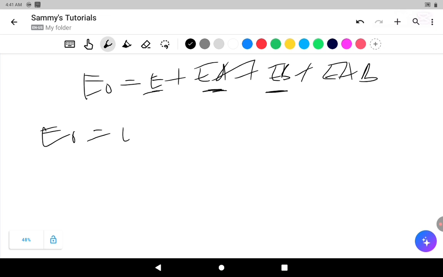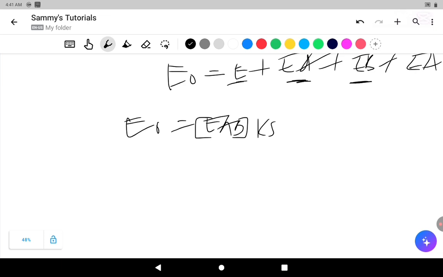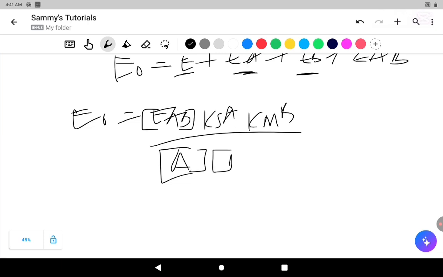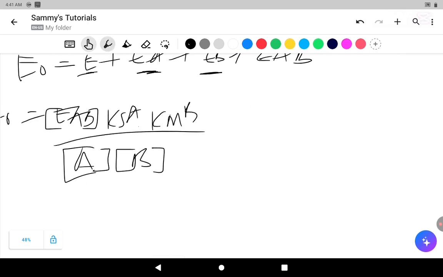E is equals to EAB times KSA times KMB all over A B, right? I used this equation to represent E.